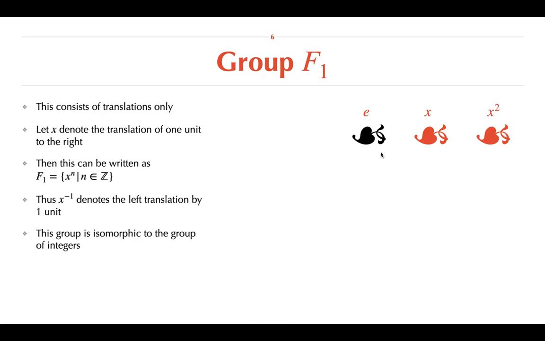So this distance and this distance are the same. I'm taking this as one unit. And similarly, if you do x power -1, it translates in the negative x direction, and so on. So this is one case.